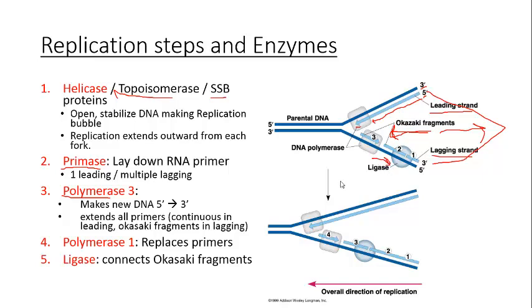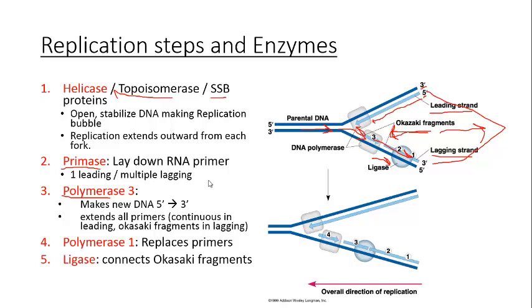This is why we lay down multiple primers, and then once multiple primers are laid down, polymerase III is going to come in and extend each primer, and it's going to create a sequence of DNA fragments. These fragments that are created in the lagging strand are called Okazaki fragments.